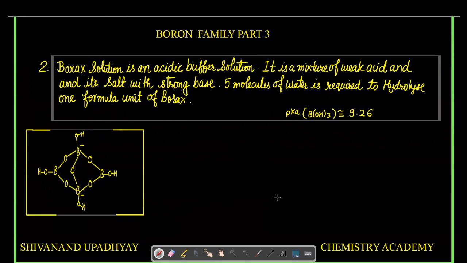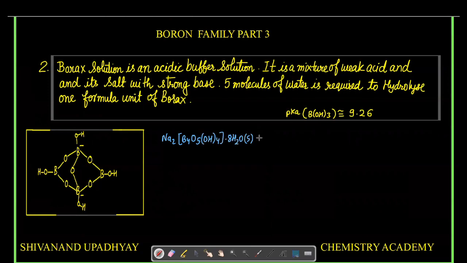Borax solution is an acidic buffer solution. It is a mixture of a weak acid and its salt with a strong base. 5 molecules of water are required to hydrolyze 1 formula unit of borax. So when we are discussing this borax, I can write now that the logical formula of borax is Na2B4O5(OH)4.8H2O in solid state.